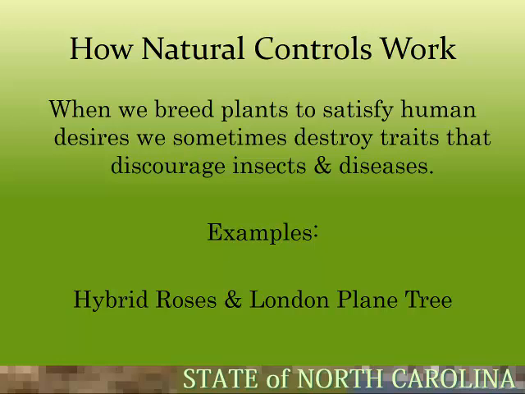And then with our London plane trees, if they're planted in an unfavorable site, they are susceptible to the anthracnose disease, which is a fungus that would not exist if we planted the tree in a more favorable condition. So all of that comes to situations that we have to incorporate into integrated pest management.